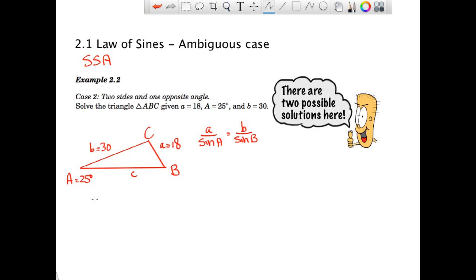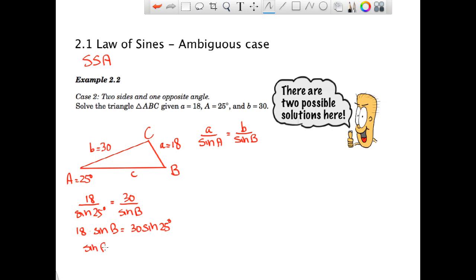Okay, so we'll do it over here. So it's 18 over the sine of 25 is equal to 30 over the sine of B. And that means that you cross multiply here, so 18 times the sine of B is 30 times the sine of 25, and divide by 18.